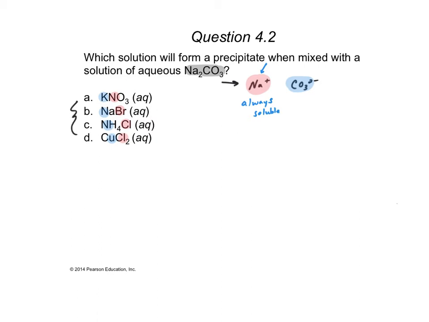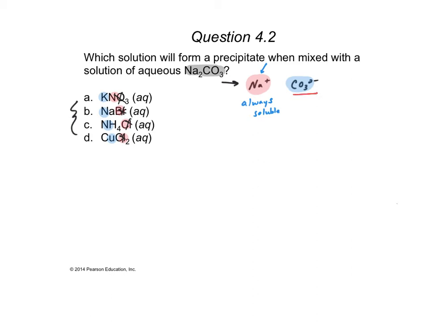So because of that, we can essentially ignore all of these guys because we know that any sodium-containing compound will always be soluble. It will never form a precipitate, a solid, okay? All right, so then we can shift our focus away from sodium because we know that nothing will form a precipitate with it, and move on to carbonate, right?